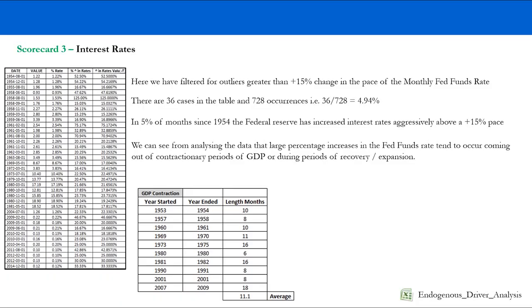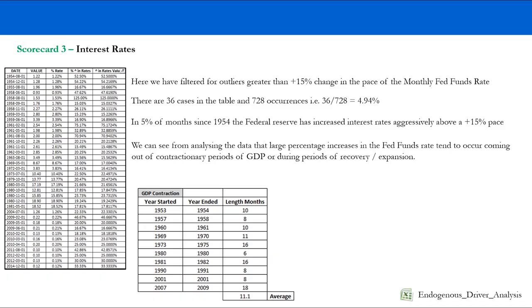We get 36 cases in the table out of the 728 occurrences, and that leaves us with 5% of occurrences. And therefore, in 5% of months in the positive outliers, we're getting the data since 1954, when the Federal Reserve has increased interest rates aggressively above that plus 15% pace.